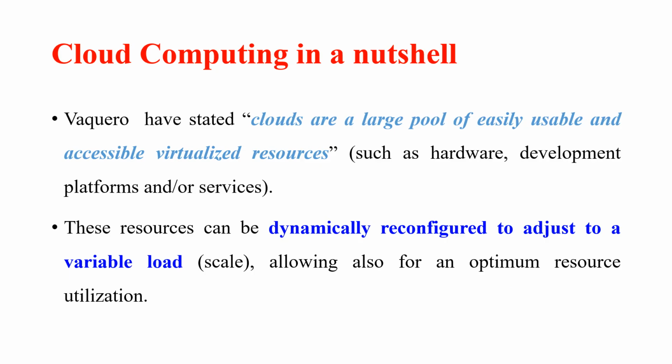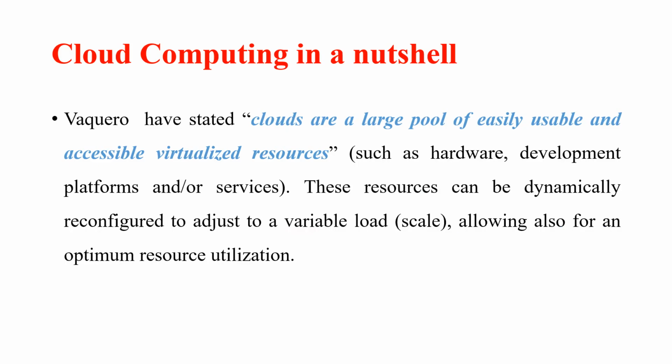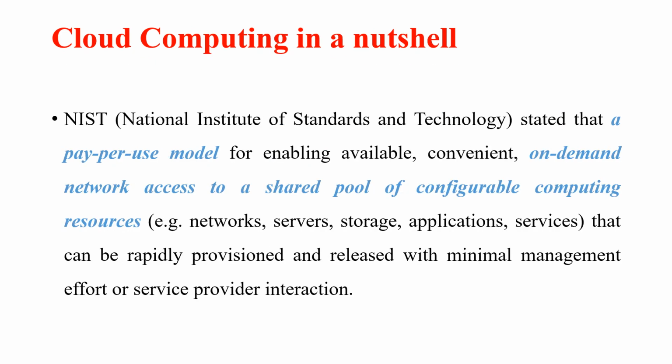The virtualized resources include hardware, development platforms, and different kinds of services: platform as a service, infrastructure as a service, network as a service, identity as a service, and software as a service. These services are provided by the cloud.